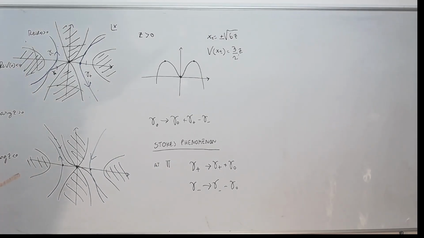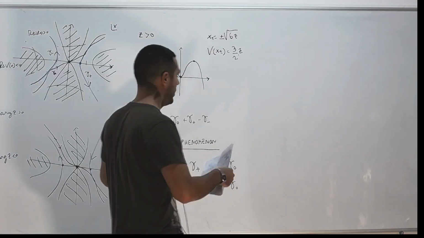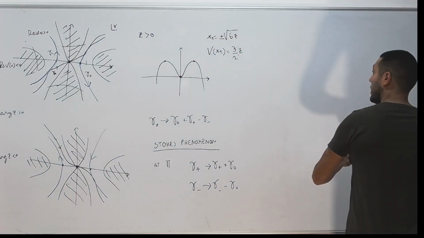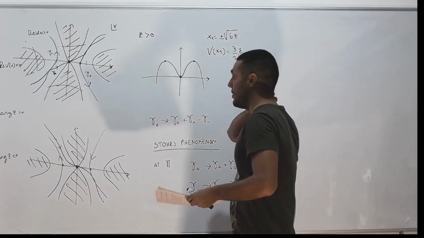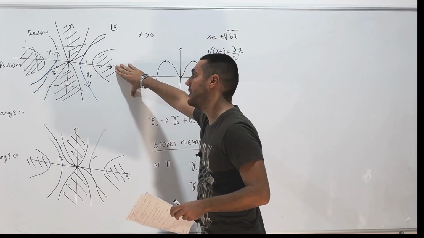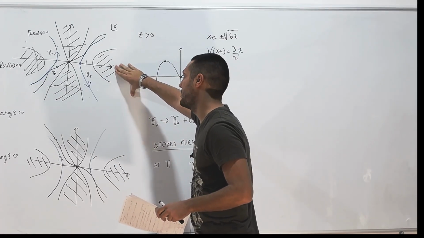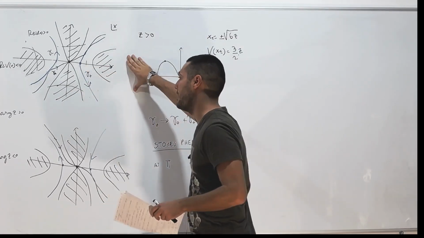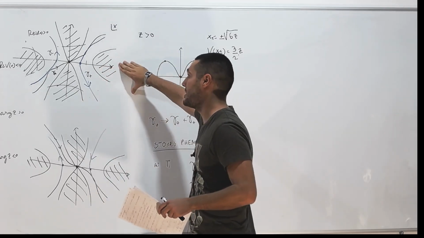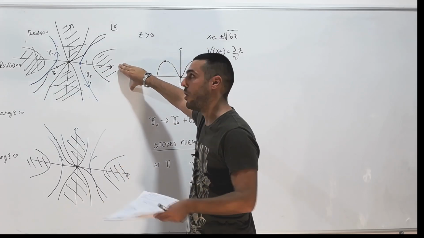And a final comment on the x-plane. We can also visualize the Stokes phenomenon as some rays in the complex plane at which the asymptotic behavior of our object changes.